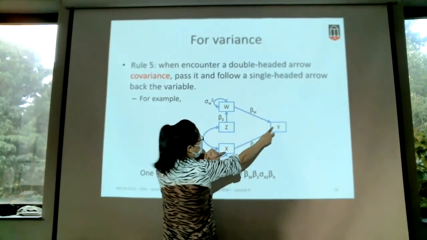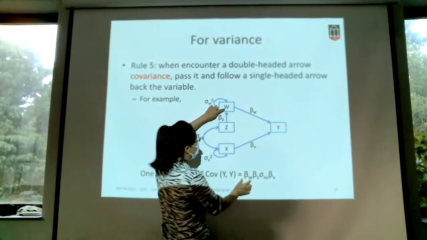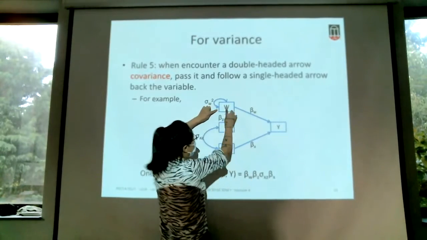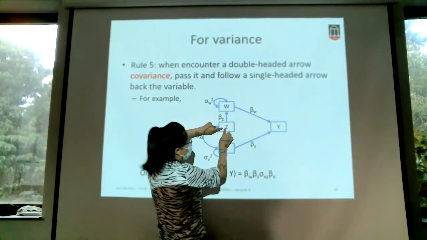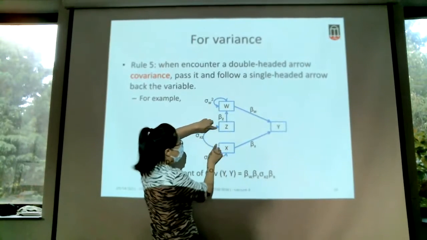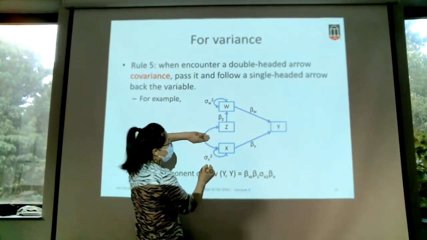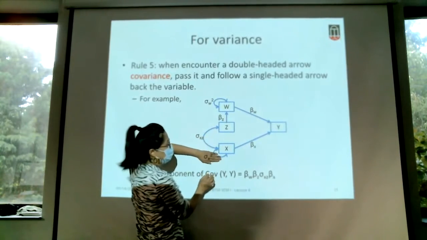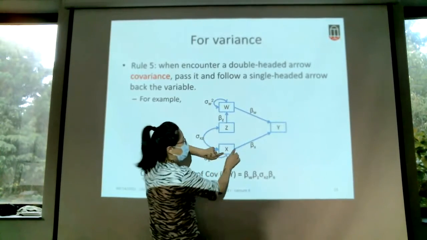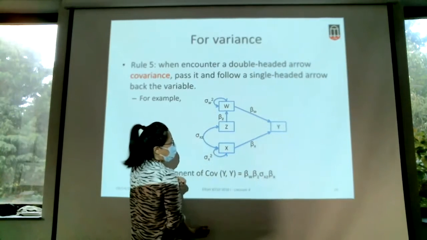So beta w, the first step, goes to z, and beta z, the second step, goes to z, and then the covariance between these two variables, because here we have a double-headed arrow. Once we use this double-headed arrow, you cannot apply this variance again, but you have to go back to y, so times beta x.